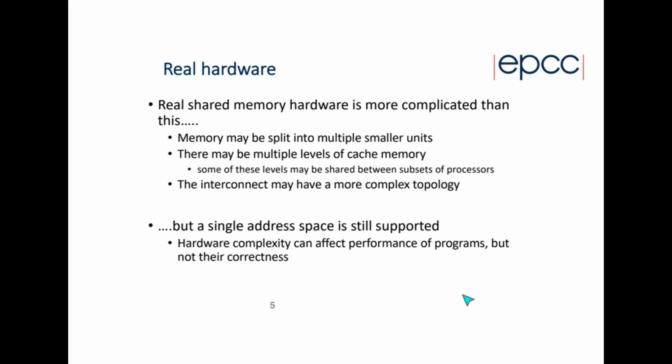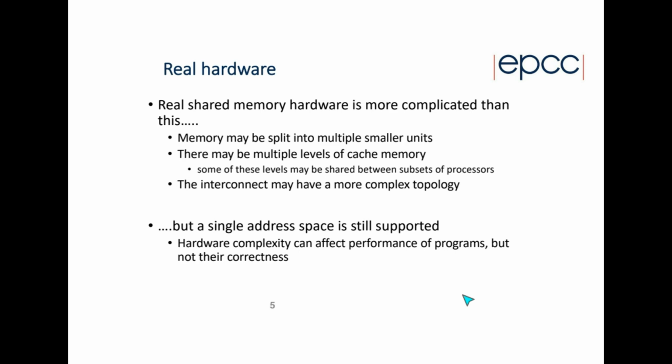Of course, real hardware is way more complicated than this, for several reasons. In particular, the memory may actually be split up into multiple smaller units. There also may be multiple levels of cache memory, and some of those levels may be shared between some subsets of processors.